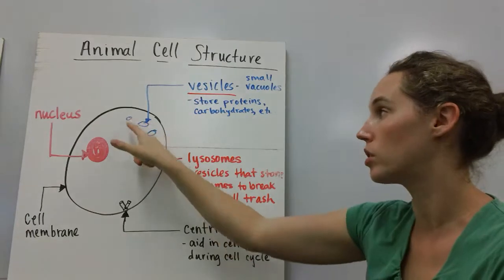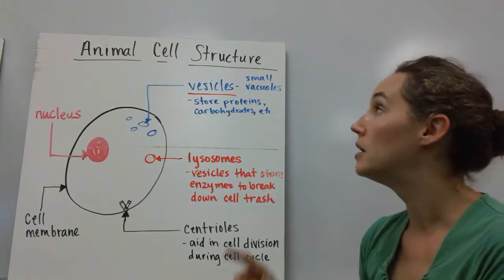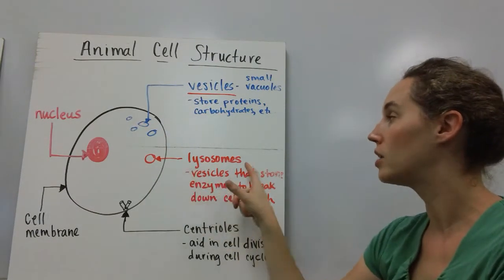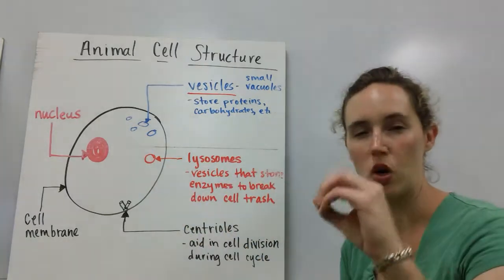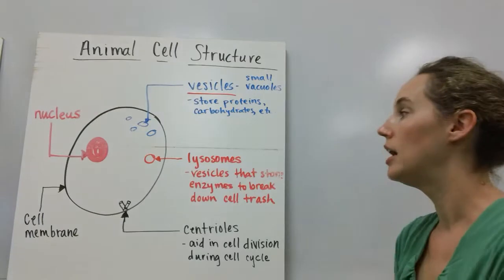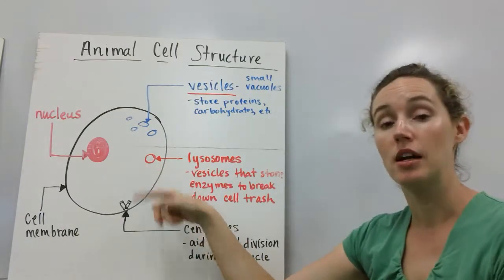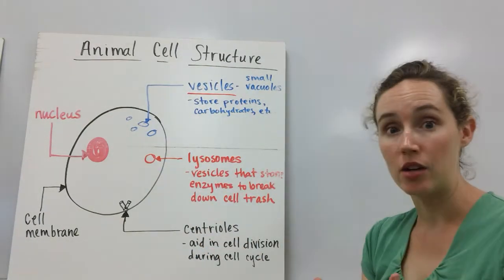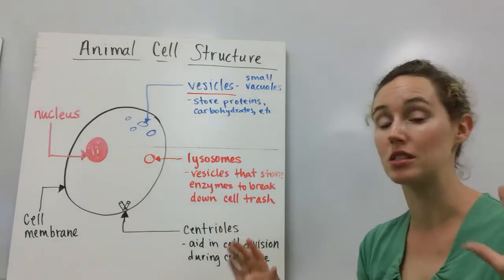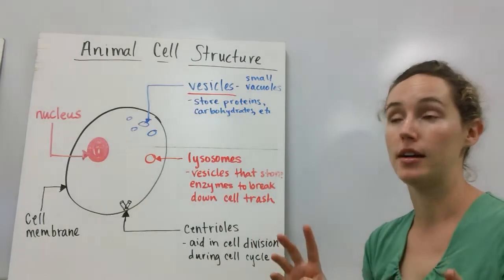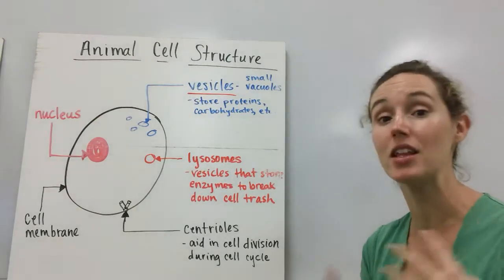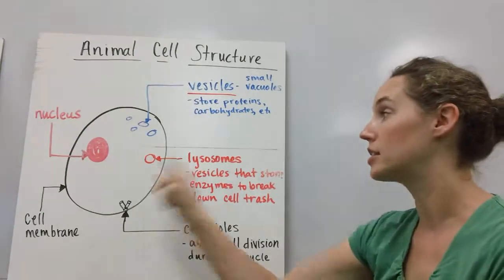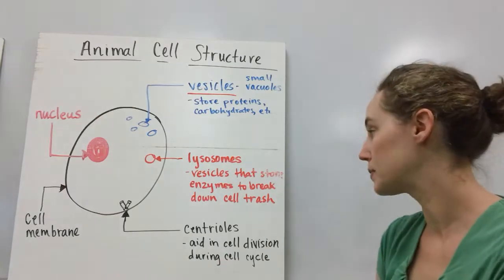Animal cells also have lysosomes, which are another small bubble-like organelle full of enzymes that allows them to break down dead materials inside of them, or infectious bacteria and viruses, all kinds of things. Anything that needs to be broken down, lysosomes are going to carry the enzymes to do that.